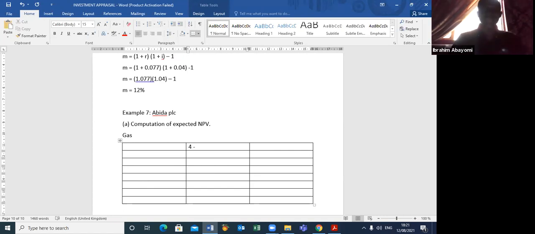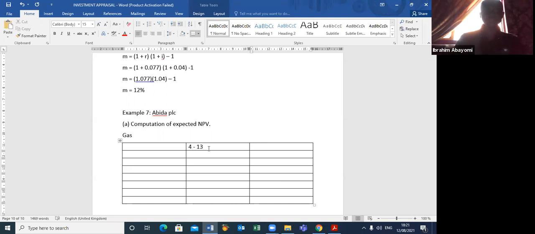And I told you that capital allowance will be for the first 10-year life of the project. It therefore means that counting from year 4, we are counting year 4, year 5, year 6, year 7, year 8, year 9, year 10, year 11, year 12, year 13. So the part of this project that will enjoy capital allowance is year 4 to 13.